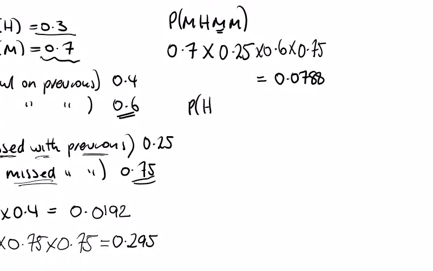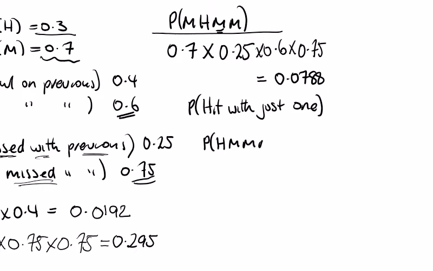And then we're asked for, he will hit with just one arrow. Probability hit with one arrow. So we have 4 options for this one. We have this guy here, that's miss with the second. So we need the probability of hits with the first, miss, miss, miss. That's in the first position.